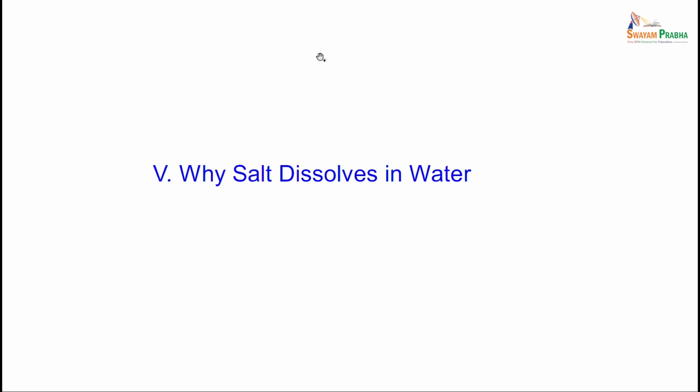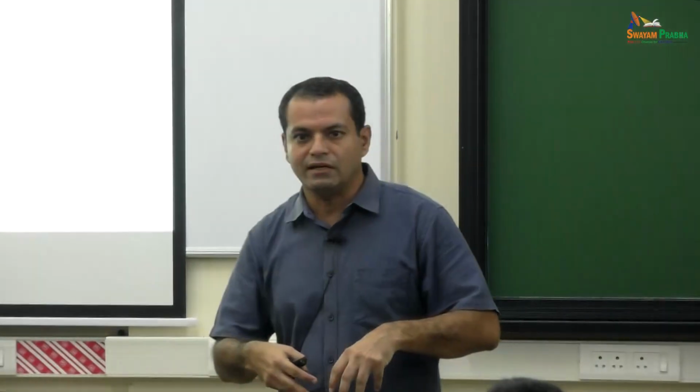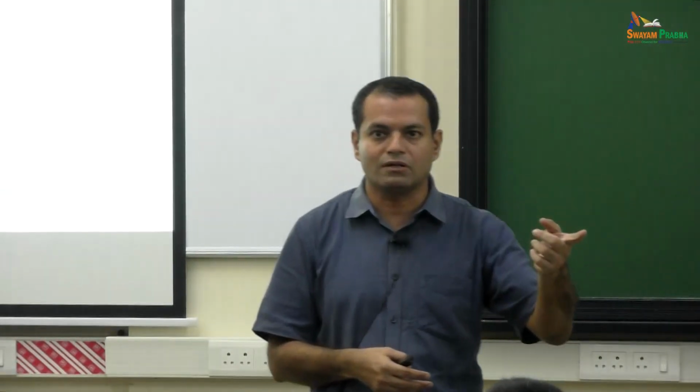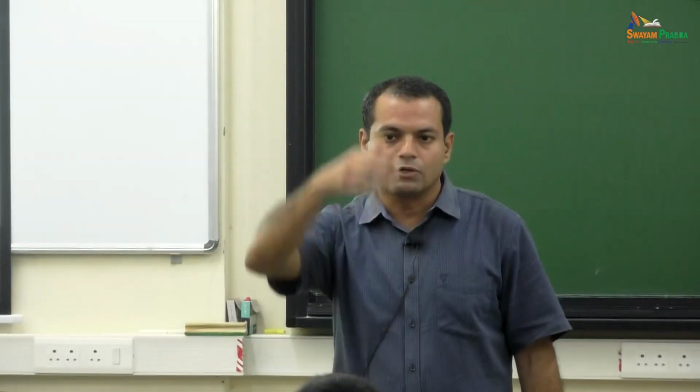So in this study, they looked at the conditions deep inside the earth, the pressure and temperature in the upper mantle, and they found that certain metal carbonates, MCO3, which are insoluble in water under ambient conditions, can become soluble in water under those conditions, and that can transport carbon from the upper mantle to the lithosphere.